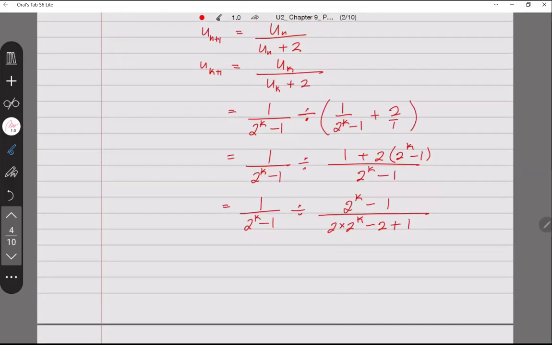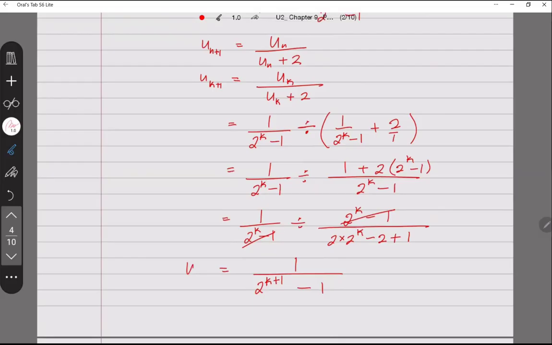So now what I have is, this is going to cancel that. So now what I'm left with is 1 over 2 to the k plus 1 minus 1. And so Uk plus 1 would be equal to this.